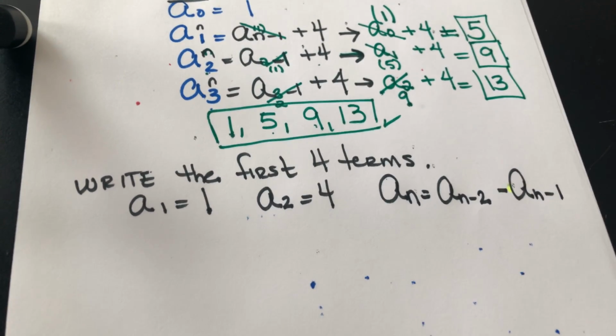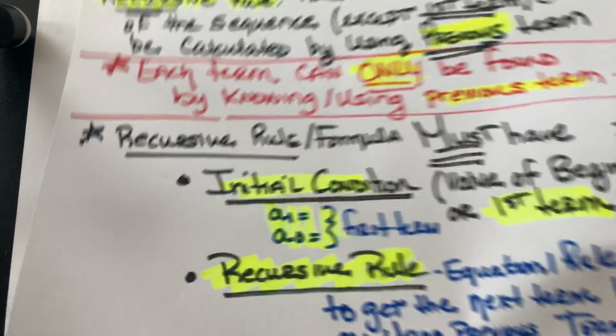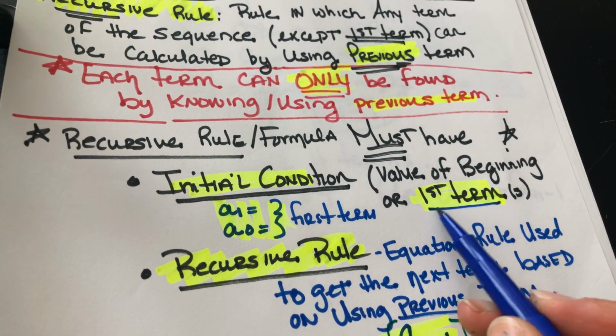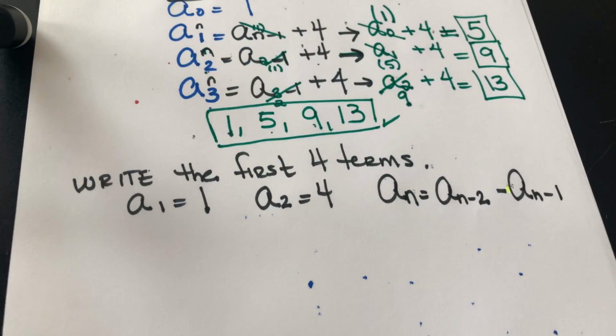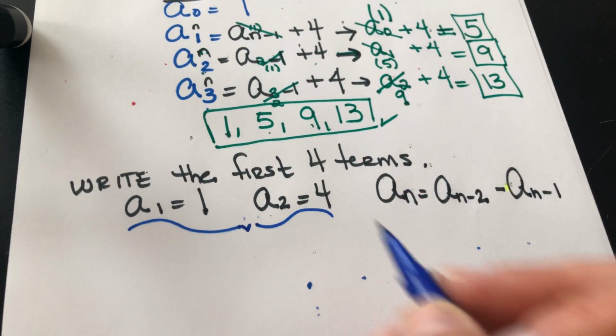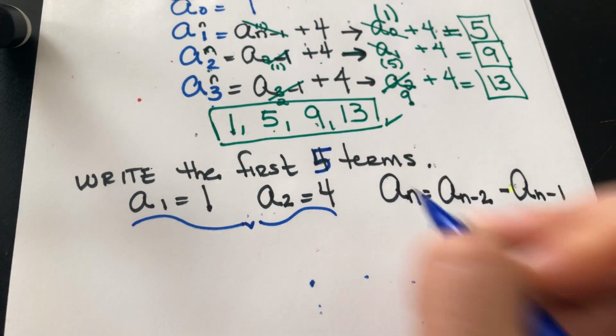If you remember, in the beginning, I told you that the beginning, your initial condition, can have the first term or terms. So I can give you more than one term. Here I gave you, so let's change this to find me the first 5.